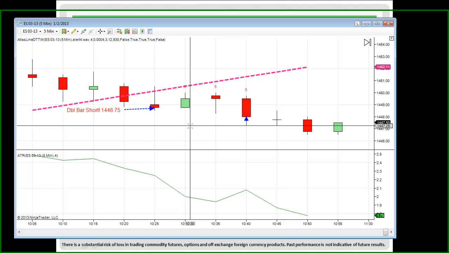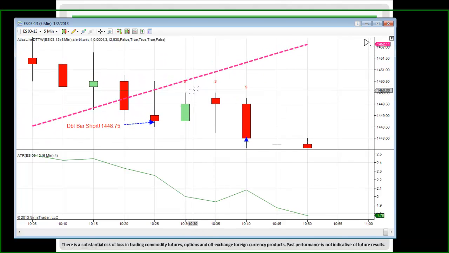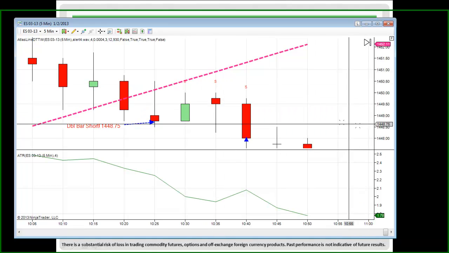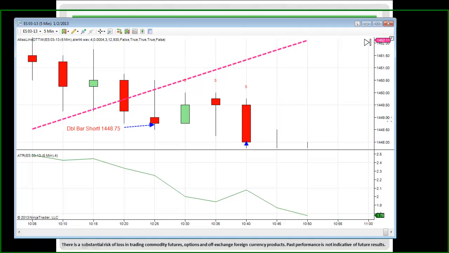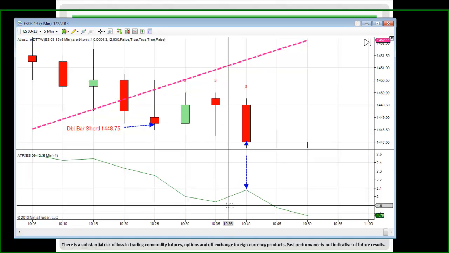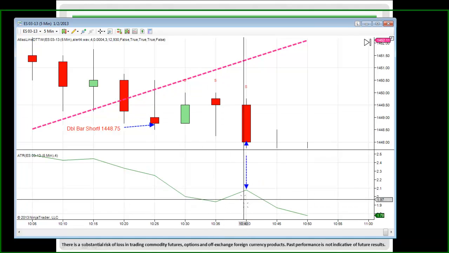You have the 3 S's: there's an S here, an S here, an S here. Let's say we don't know the future, and the market looks like this. This is for AK to answer his question. We don't know the future, and the market is as it is. This bar closes, the ATR plots, and it's at 2 points.